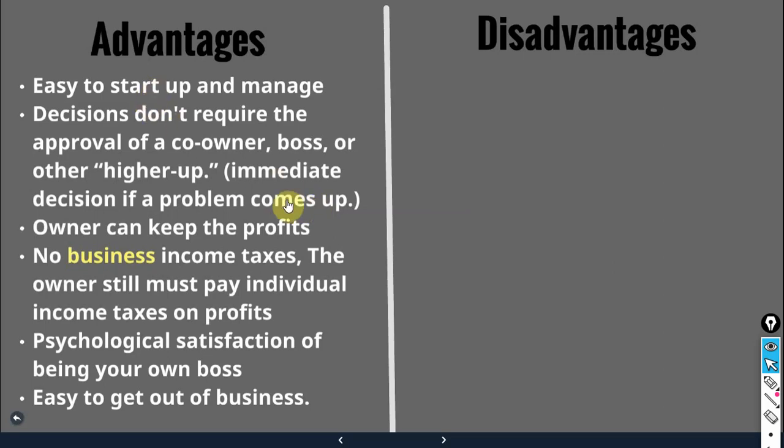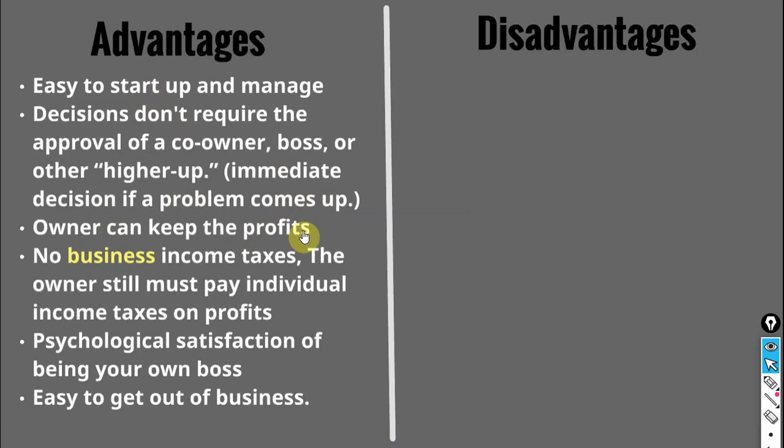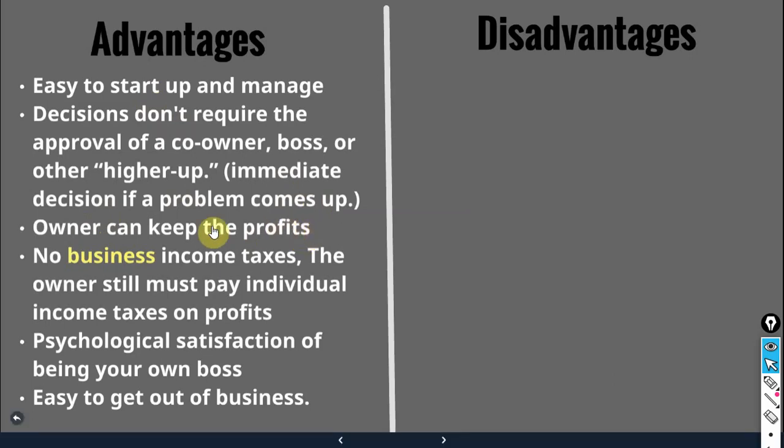The owner can keep the profits. He doesn't have to divide them because there are no other partners. No business income tax. The business itself doesn't have an income tax, but the owner has to pay individual income tax on those profits.